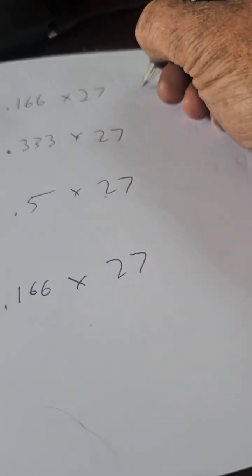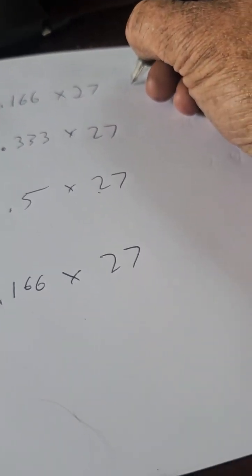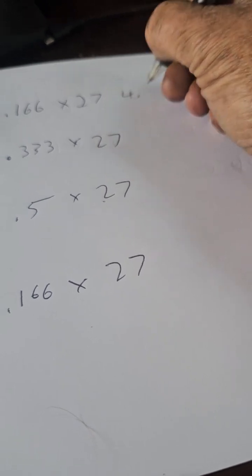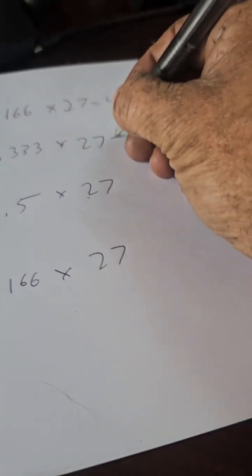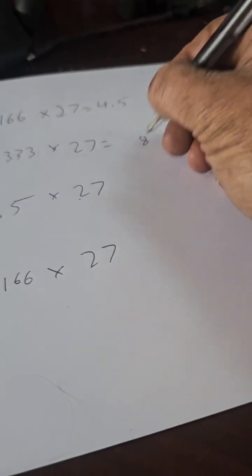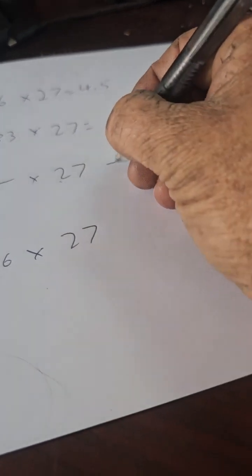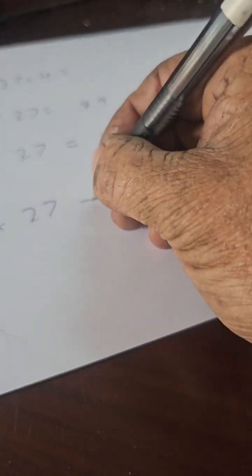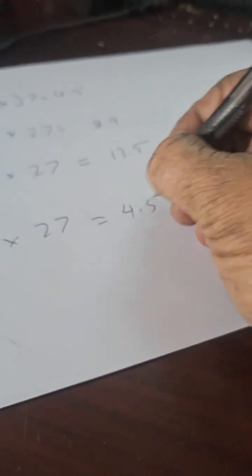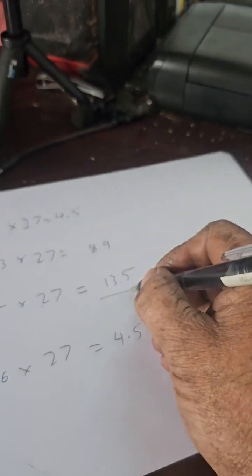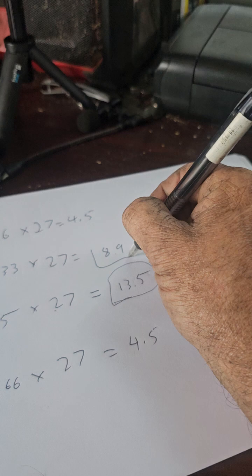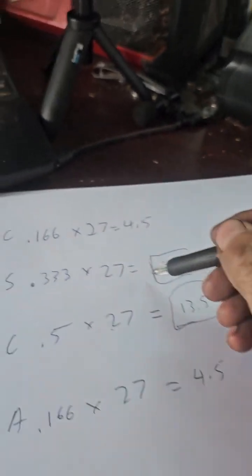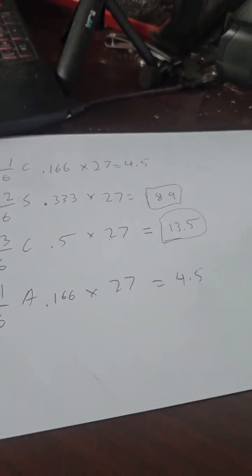That gives us 4.5 for cement, 8.9 for sand, 13.5 for gravel, and 4.5 for additive. These are how many cubic feet of each you're going to need.